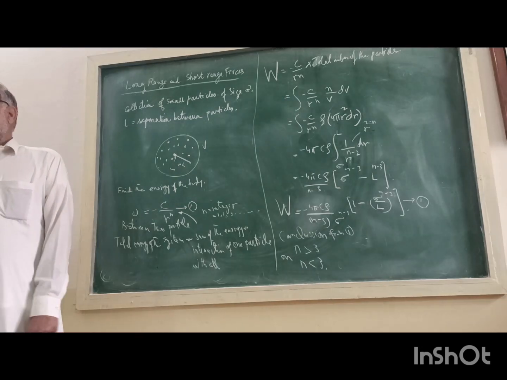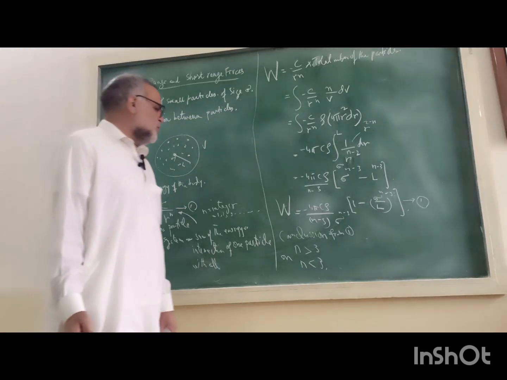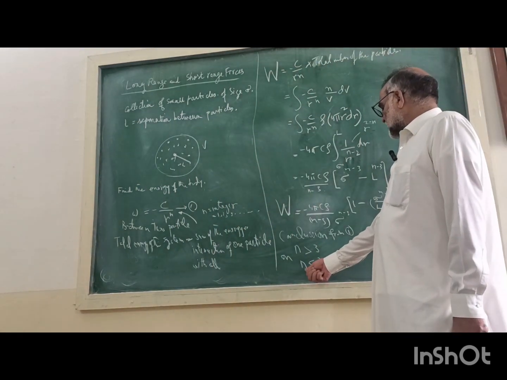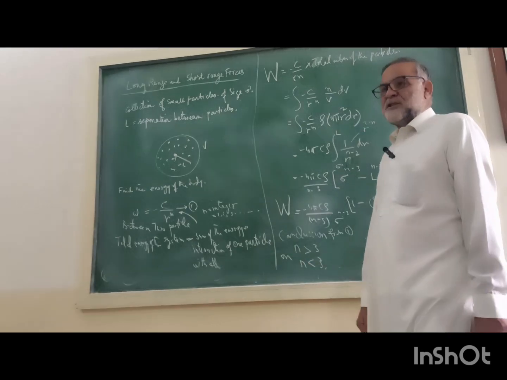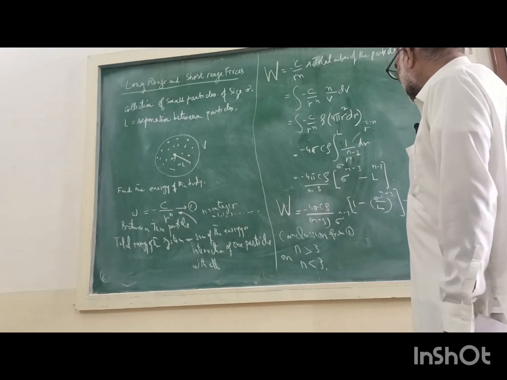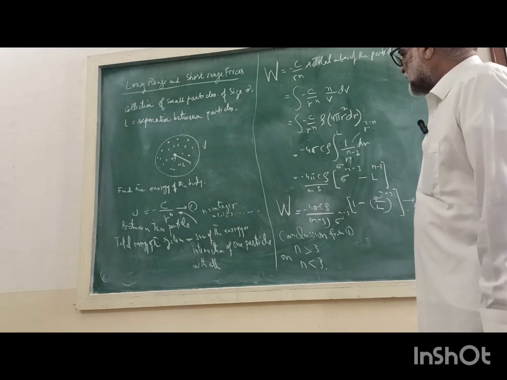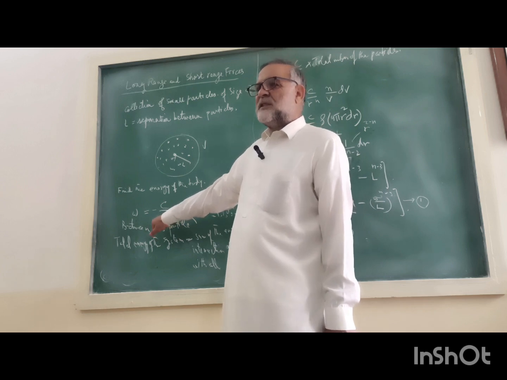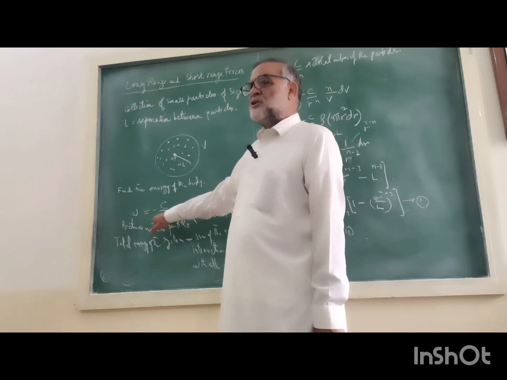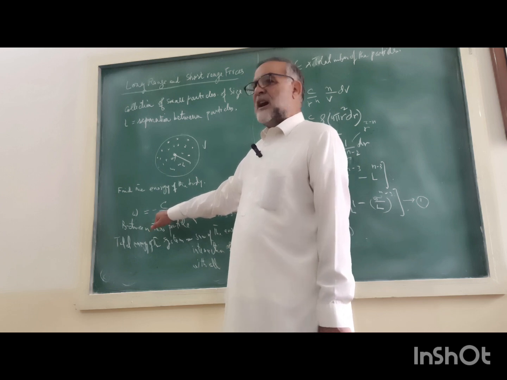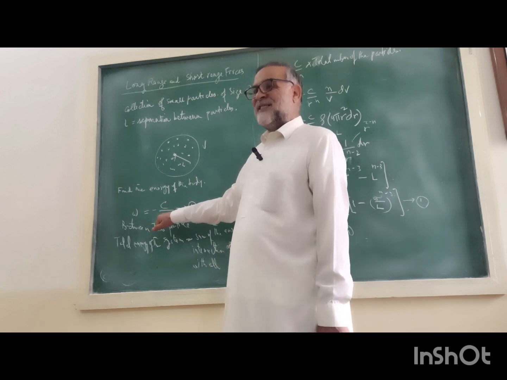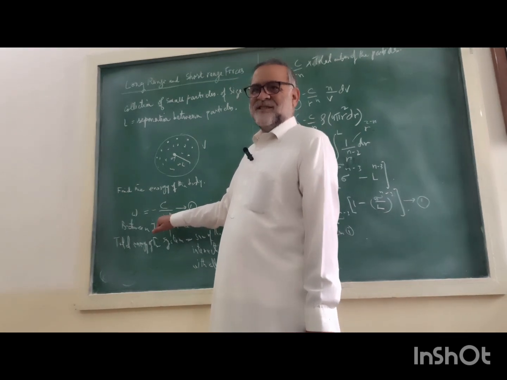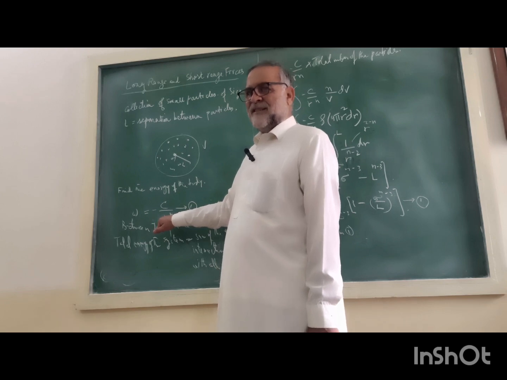There are examples in both. For example, if n is smaller, if n is equal to 1, that could be the gravitational energy, because in gravitational energy, the energy varies as 1 over r. It could also be electrostatic energy with n equal to 1, since in electrostatic energy, the energy varies as 1 over r.